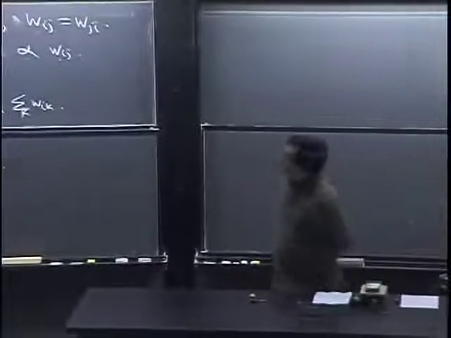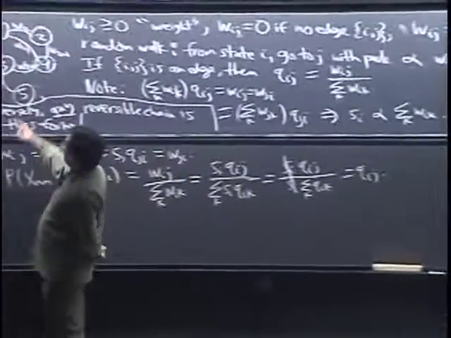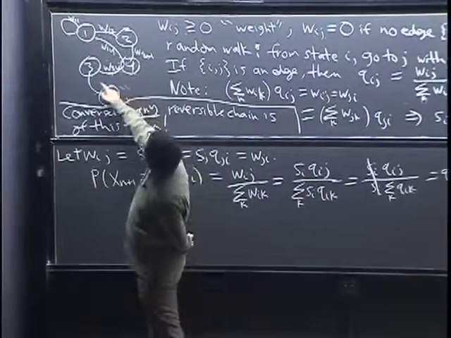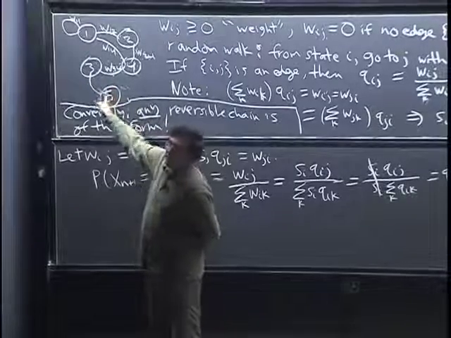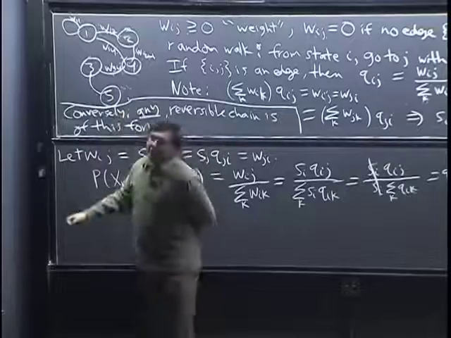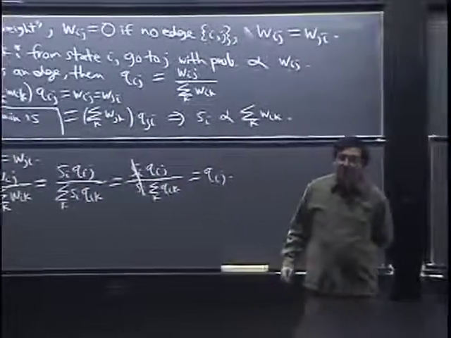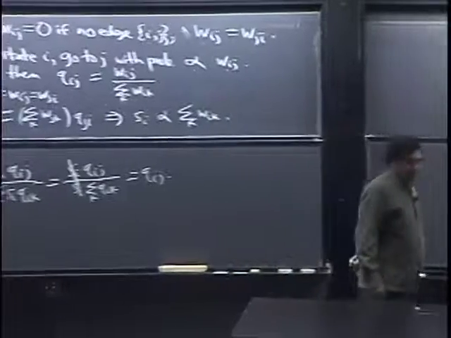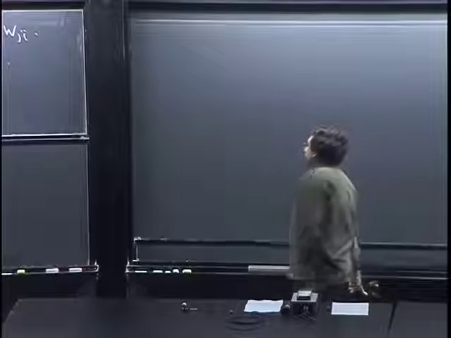Non-reversible, we can still think of it as a random walk on a network with weights, except that we have arrows, maybe one-way arrows or two-way arrows, and you can have different weights in both directions. That extra generality makes it much, much harder. So I just want to do one example of a non-reversible chain.